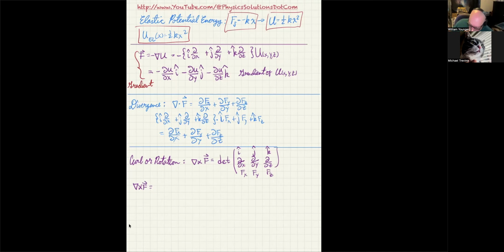So I just take the regular determinant, and in that case, it's going to be the partial of f sub z with respect to y minus the partial of f sub y with respect to z, and all of that is multiplied by the i hat.